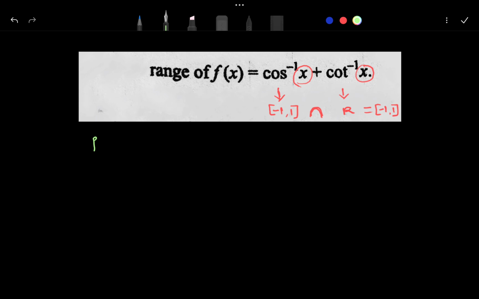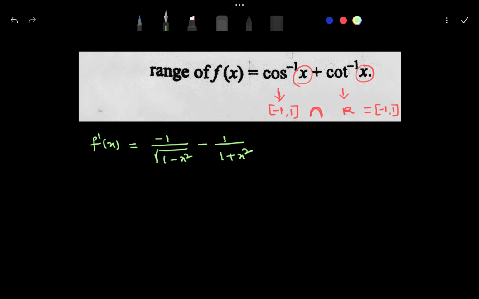First, what is the derivative of the function f of x? f dash of x is equal to the derivative of cos inverse x, which is -1 by root of 1 minus x square, minus the derivative of cot inverse x, which is minus 1 by 1 plus x square.